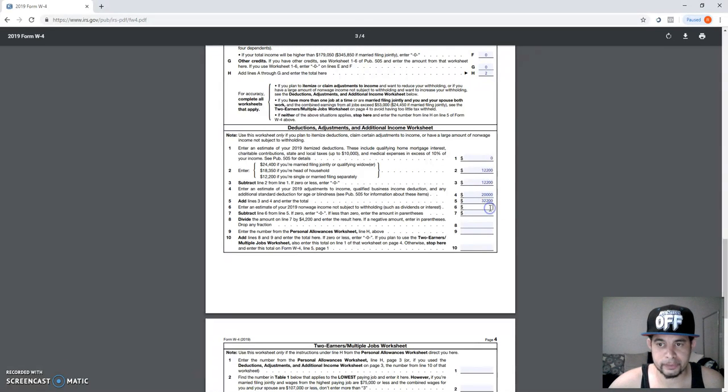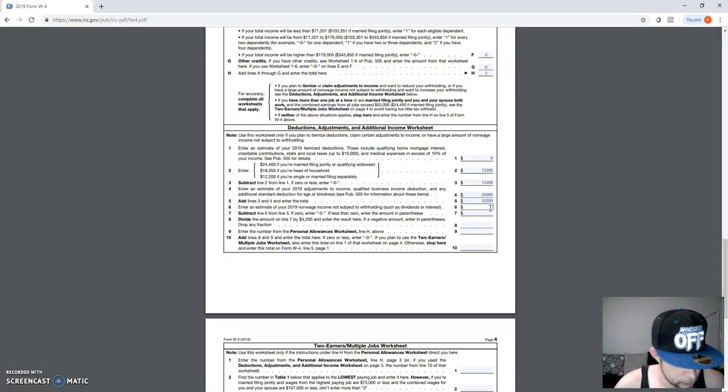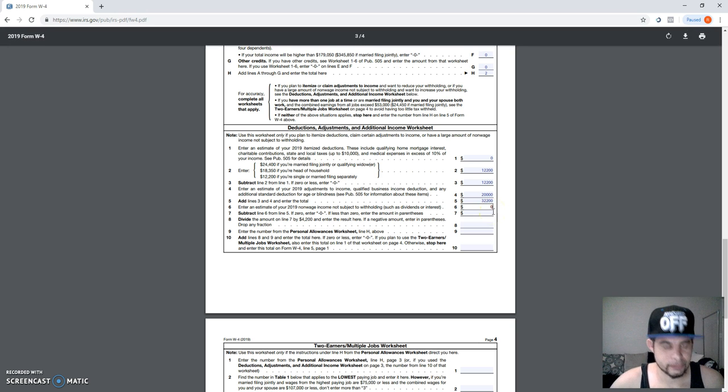Alright. Line 6, it says enter an estimate of your 2019 no wage income not subject to withholding. I'm really not sure exactly what that means. I would assume this is kind of like under the table stuff, but I just put a 0 there.